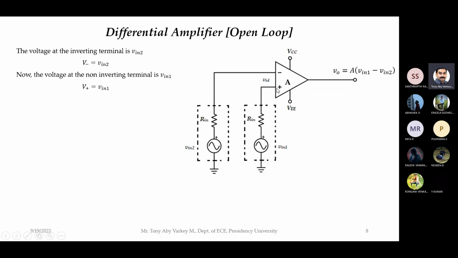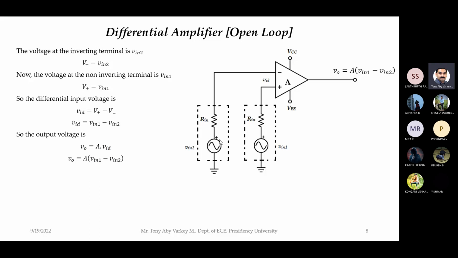The differential voltage is V plus minus V minus, so it is V in 1 minus V in 2. Output voltage is A into VID, so A into V in 1 minus V in 2. So the output voltage equals the voltage gain A times the difference between the input voltages.